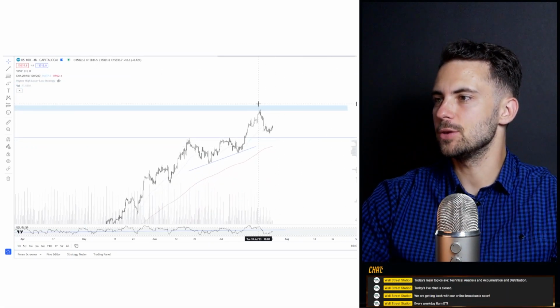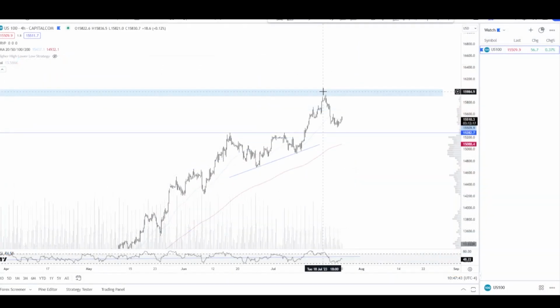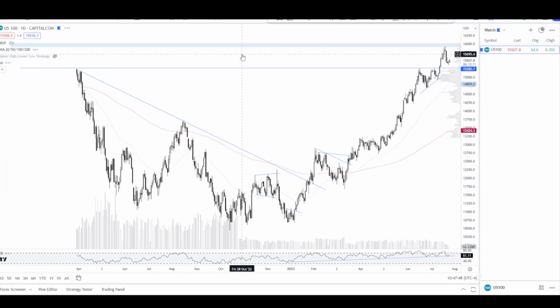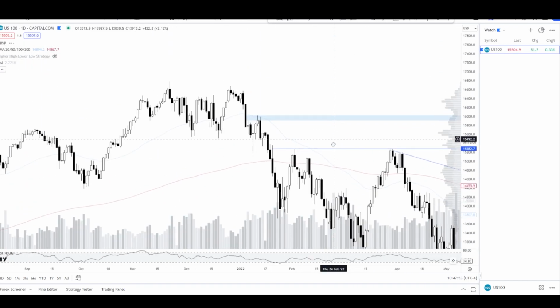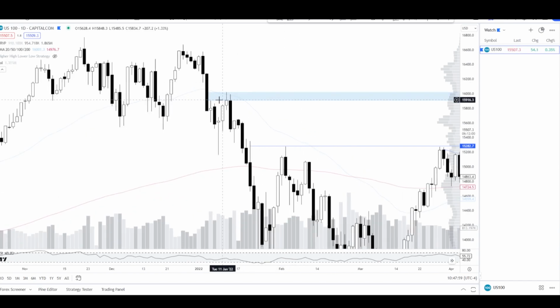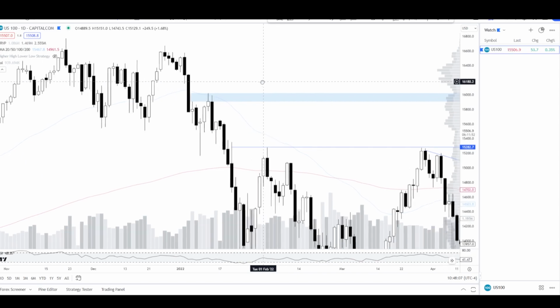Right above you have an even more important concept than support and resistance. Here you can find the blue box on US 100. That blue box is constructed by marking that area of upper weeks this time, and it means that in the past this was the area where sellers started to come up.